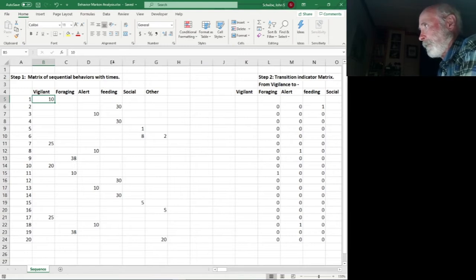The first thing I did was set up this matrix of sequential behaviors, and I've limited it to just the same behaviors that are on the data sheet that you're currently recording. So take your other data sheets, the ones that you made out on academic terraces, and simplify them to these 6 behaviors. Was the animal vigilant? Was it foraging?